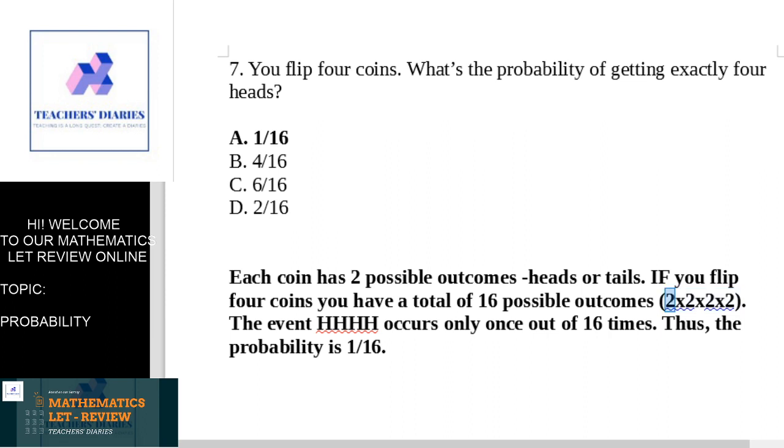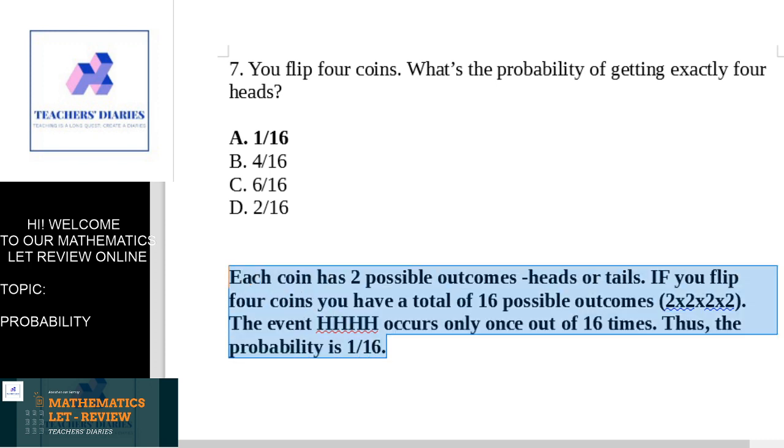This would be the first toss, the second, third, and the fourth. Now the event HHHH occurs only once out of 16 times. Thus, the probability is 1 over 16. So the answer is letter A.